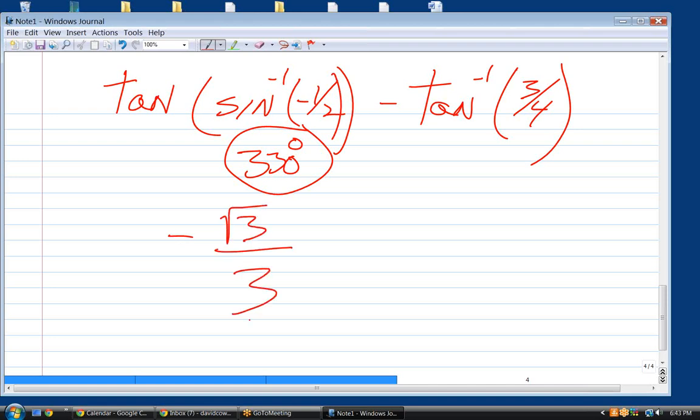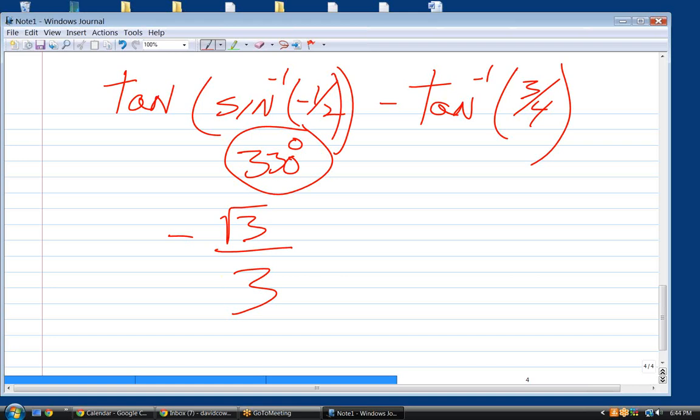And see, it actually makes a difference, this whole concept of the principal value as opposed to the other quadrant answer. If we were allowed to give the second quadrant answer, which is 240, then you're taking the tangent of 240 and you're going to get a positive number.